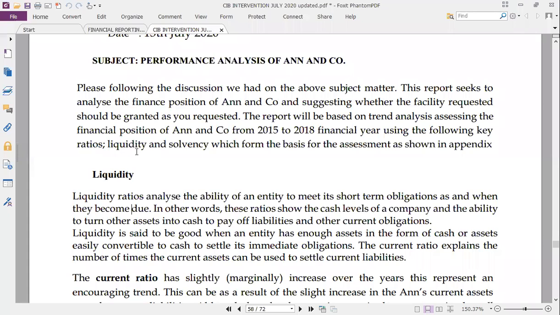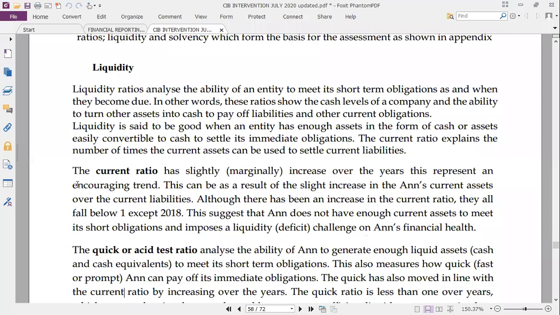Then we started liquidity. As usual, the first paragraph should talk about liquidity in general. Second paragraph should explain your current ratio. Third paragraph should look at quick ratio. Liquidity ratios analyze the ability of the entity to meet its short-term obligation as and when they become due.